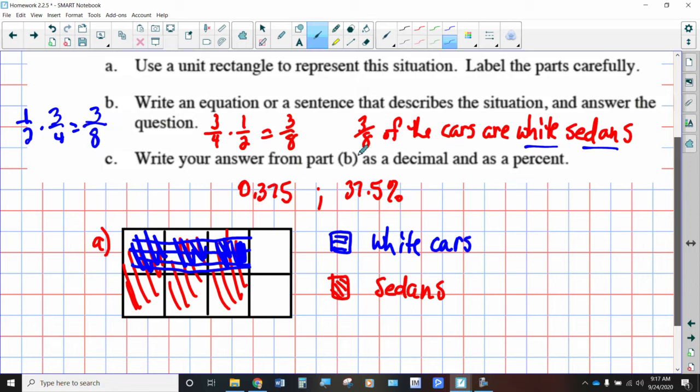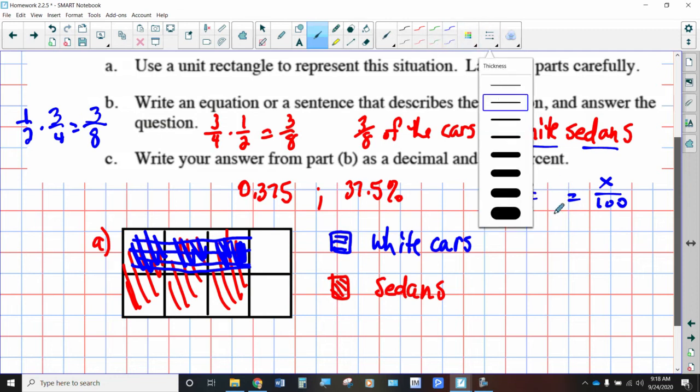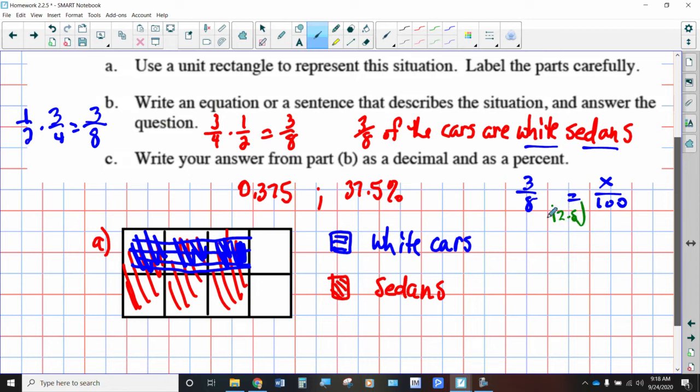And then it's just a matter of converting that to a decimal number by dividing 3 by 8 and converting it to a percent by rewriting 3/8 as a fraction out of 100 using proportional reasoning. And it turns out when you multiply 8 times 12.5, you get 100. So we're going to multiply 3 times 12.5, and that will give you your percent.